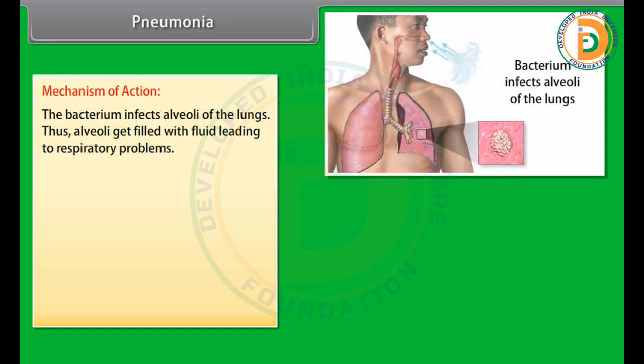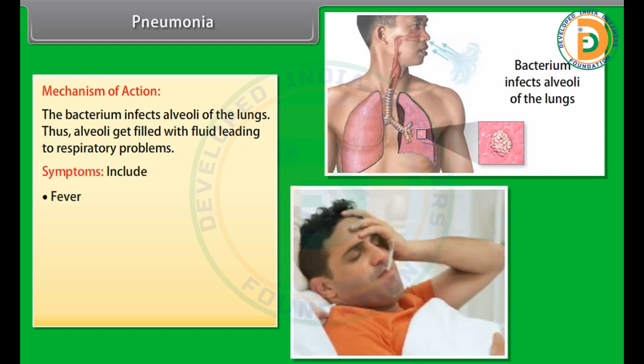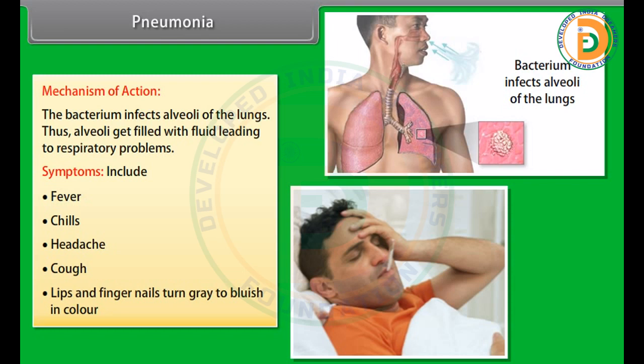Mechanism of action. The bacterium infects the alveoli of the lungs. Thus, alveoli get filled with fluid leading to respiratory problems. Symptoms include fever, chills, headache, cough. Lips and fingernails turn grey to bluish in color.